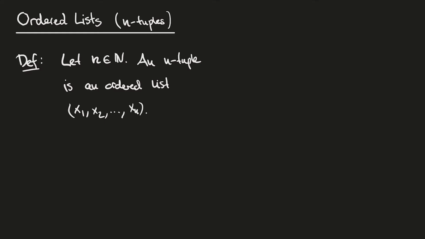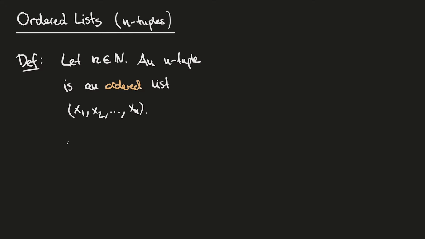We write these lists in parentheses. Moreover, it's important that these lists are ordered, which means that 2 lists are equal precisely when they have the same length and all their elements are the same in the same order.